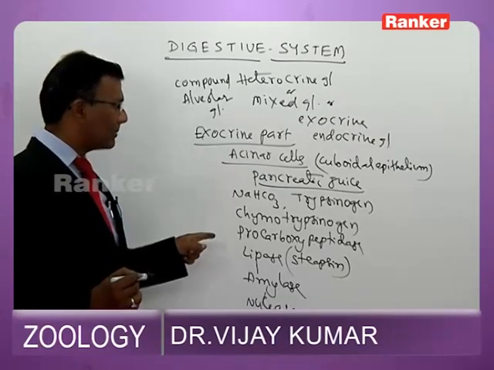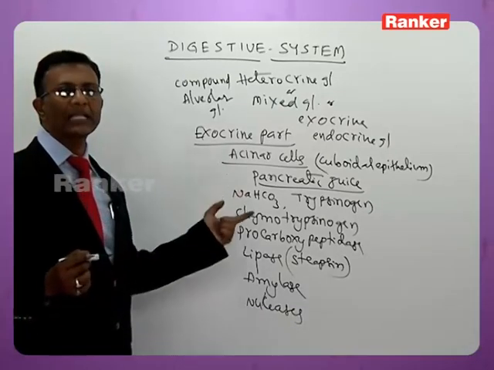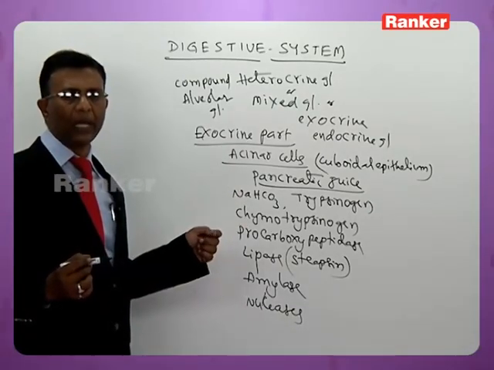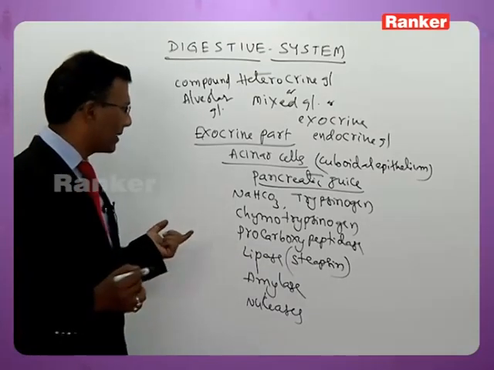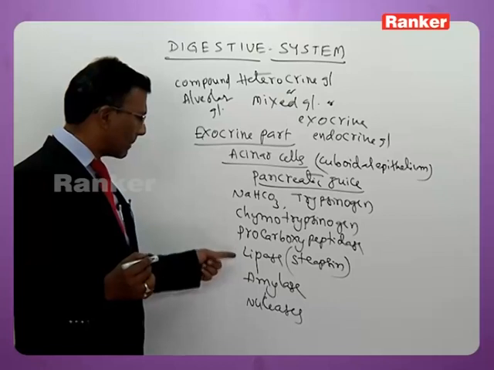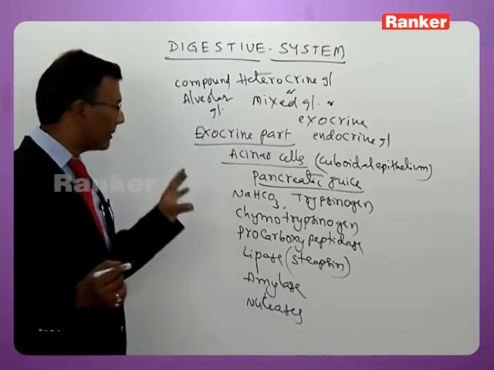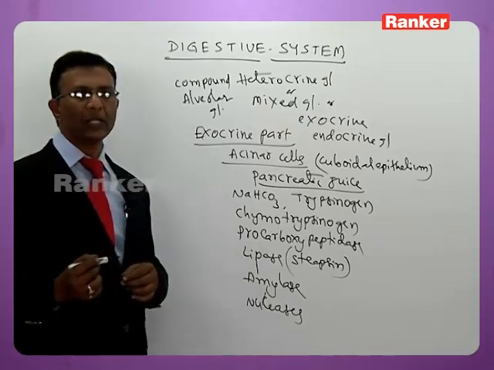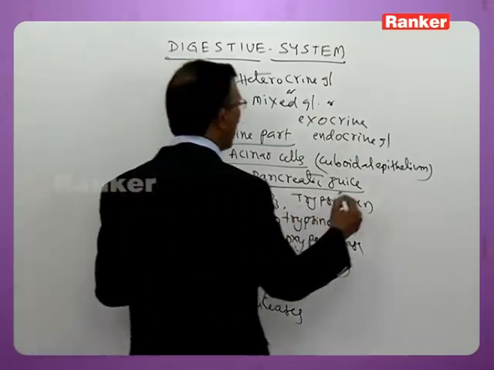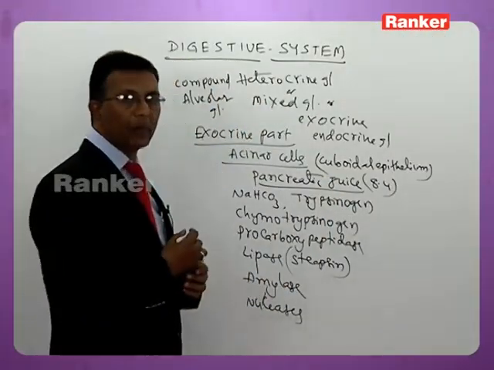So these are all enzymes of pancreatic juice. I repeat once again, sodium bicarbonate neutralizes acidity of chyme. Apart from that, trypsinogen, chymotrypsinogen, procarboxypeptidase, lipase, amylase and nuclease, all of them constitute the pancreatic juice whose pH is about 8.4.